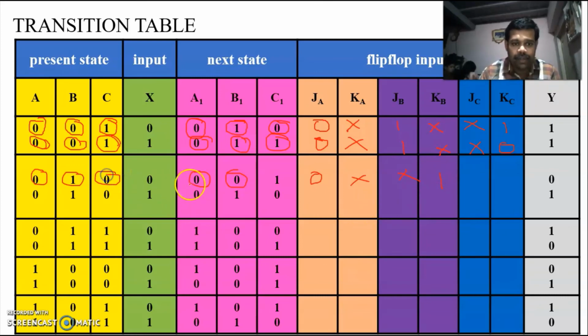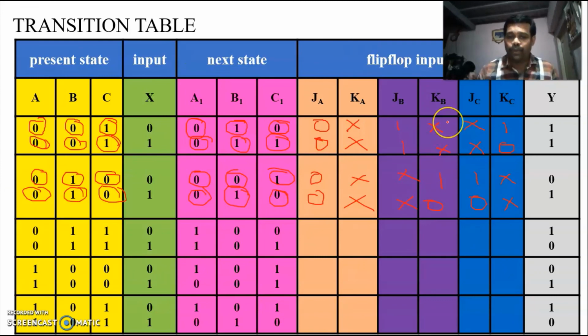Then 0 1 means 1 X. Similarly, 0 0 means 0 X. Then 1 1 means X 0. Then 0 0 means 0 X. So you have to fill in these values of J and K like this.